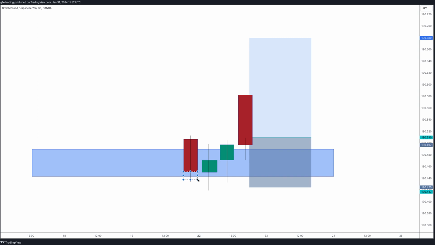If a 4-hour candle was to close below this level, then there's a very high chance that it's going to follow through, all right? At least for the short term, and at least for enough time for us to get to break even. So if we're wrong, it doesn't really hurt very much.